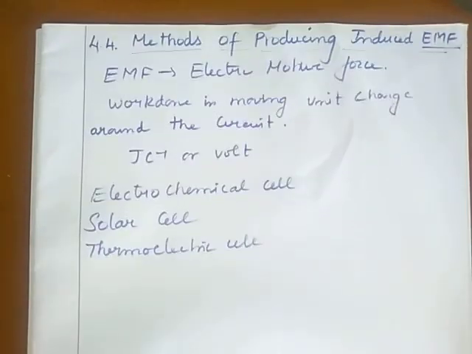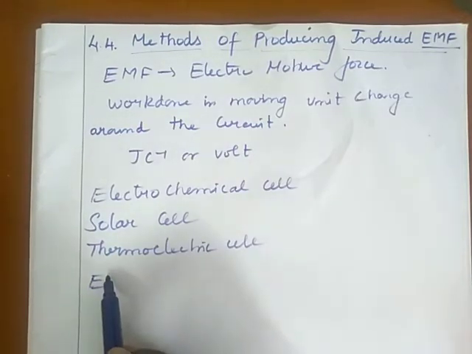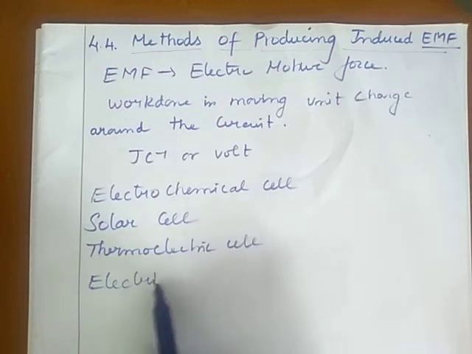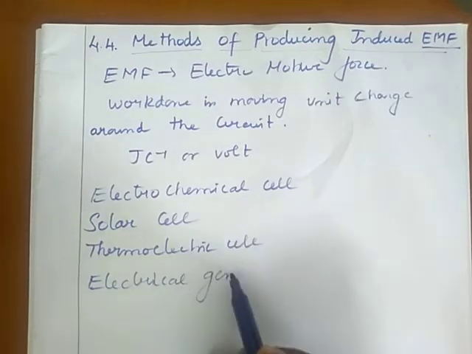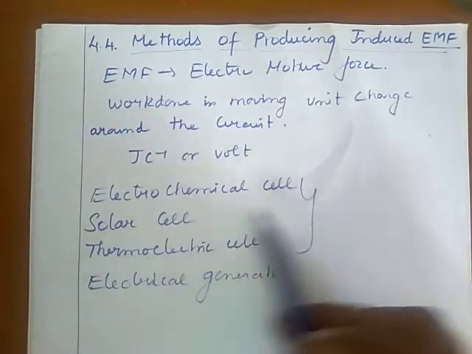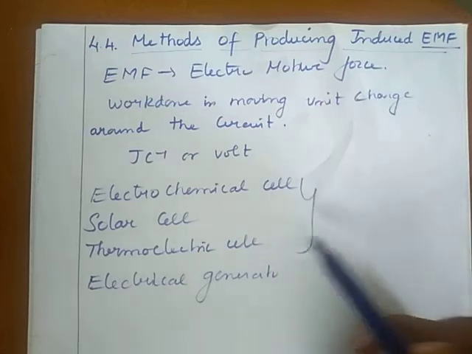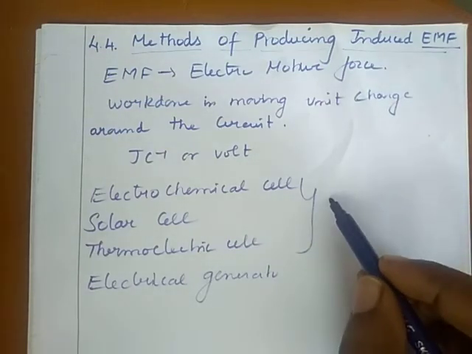Then the last one is generator, that is electrical generator. The first three, electrochemical cell, solar cell, thermoelectric cell, may provide low scale power.